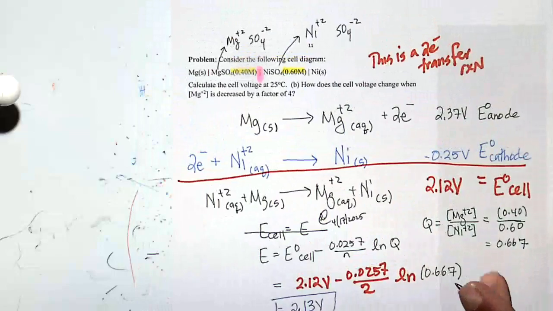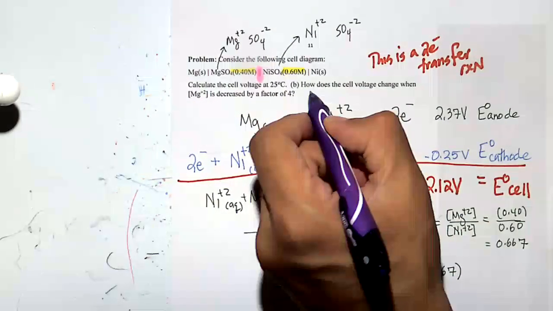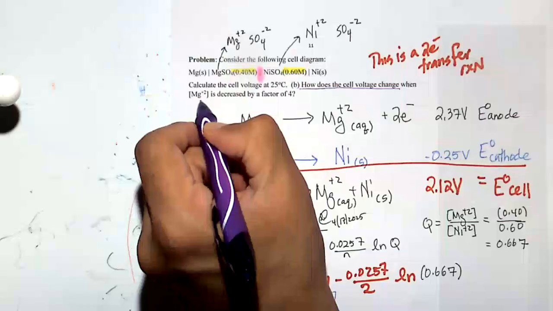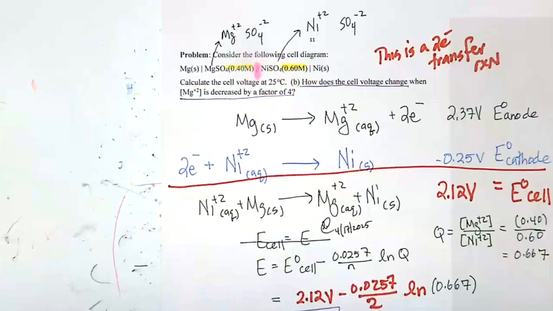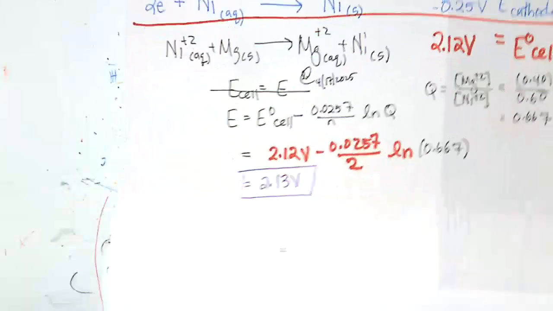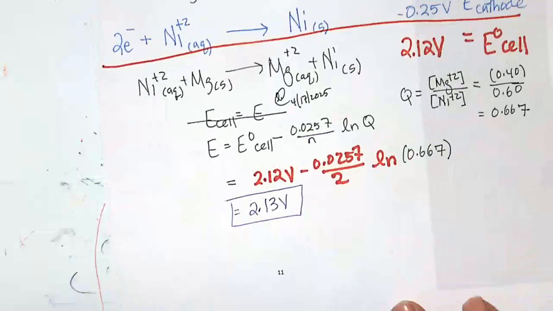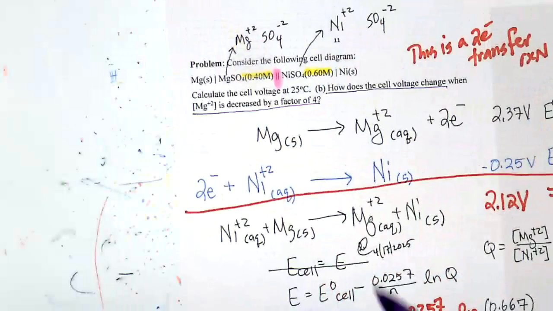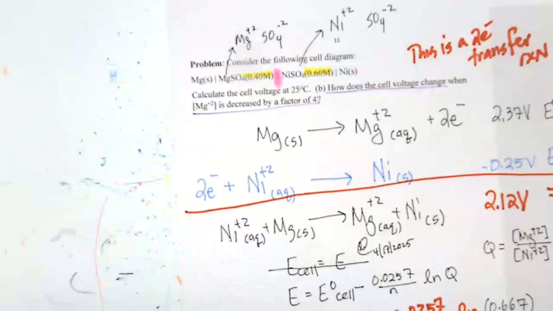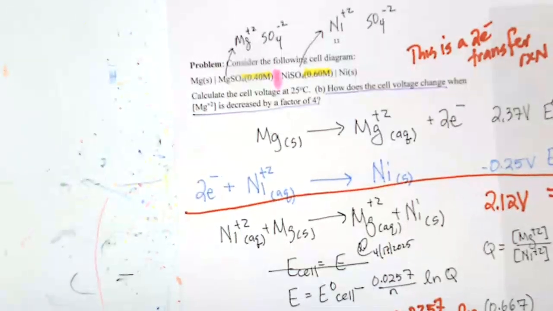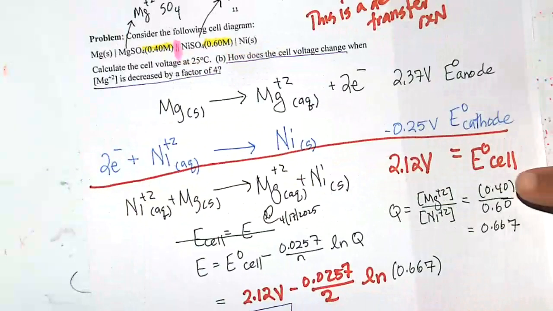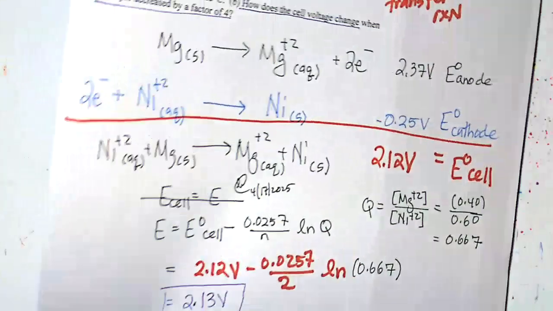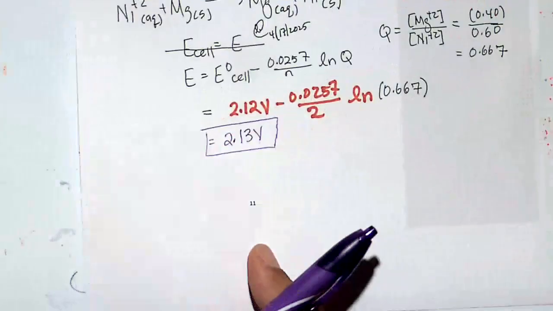All right, really quickly, the last one here. How does the cell voltage change when the magnesium is decreased by a factor of 4? So when the magnesium is decreased by a factor of 4, the new magnesium concentration will not be 0.4, it will be 0.1. So let's quickly solve this problem, substituting 0.1 in here.